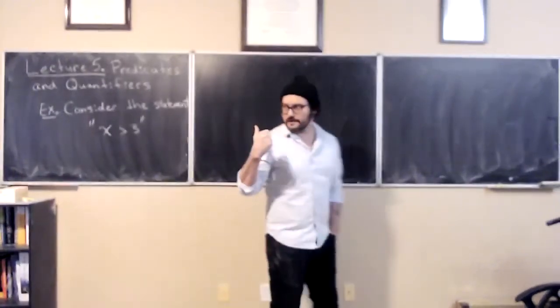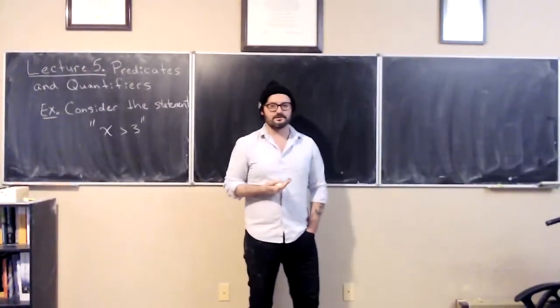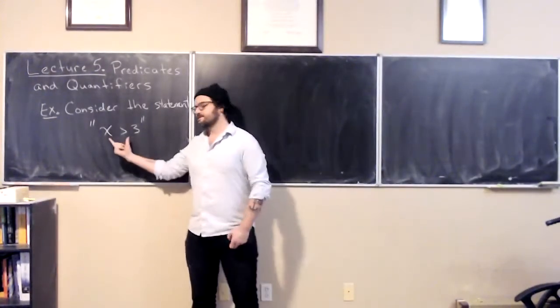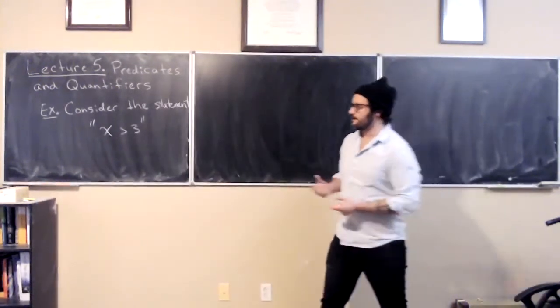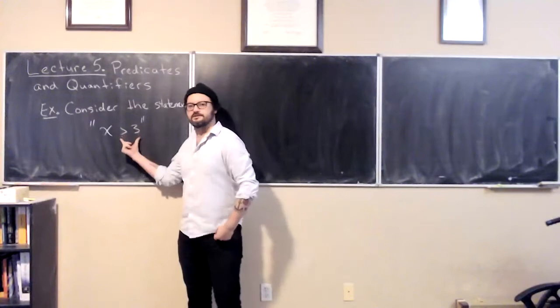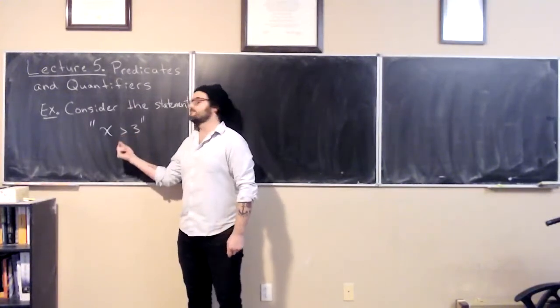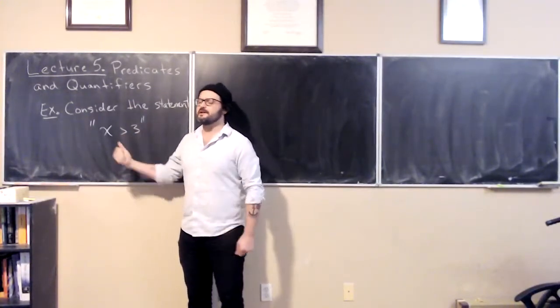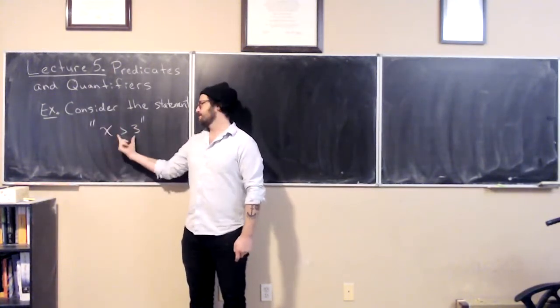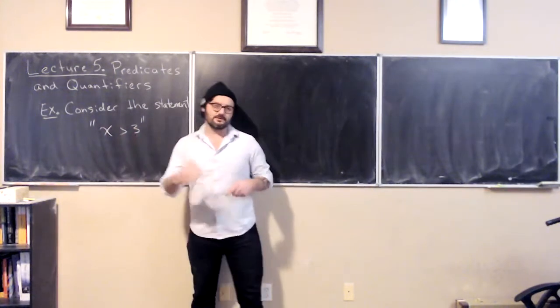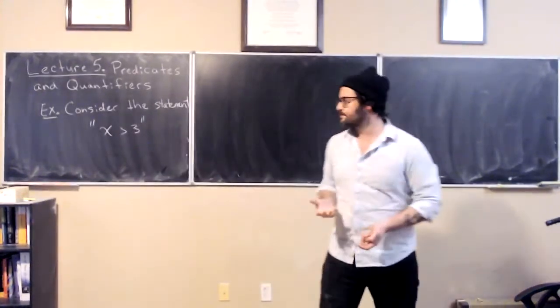So that statement does declare something, right? But it depends not on the truth value, but on the input that we place into the statement, x. This side of the statement is going to determine whether or not it's true or false.